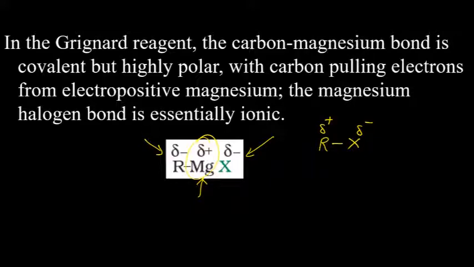So this is just comparison here. Relative electronegativity or electropositivity as compared to magnesium, both carbon of the alkyl group and halogen are electronegative. So that's why magnesium attains partial positive charge and both alkyl group and halogen attain partial negative charge. Is that clear now?